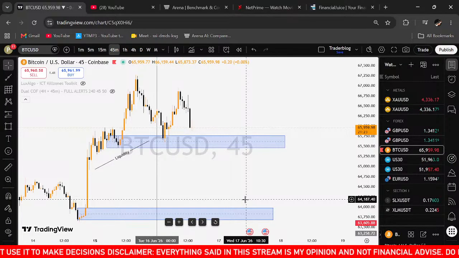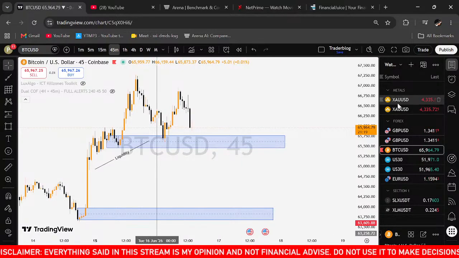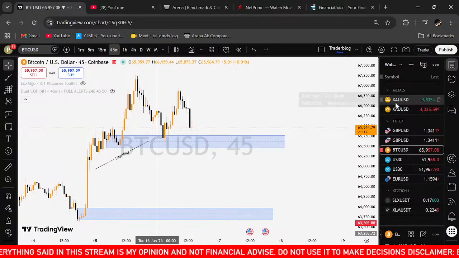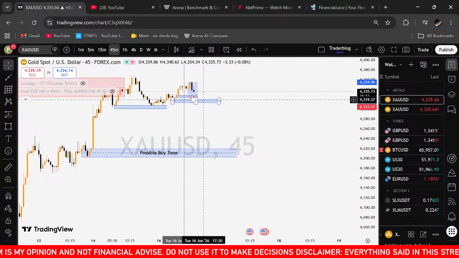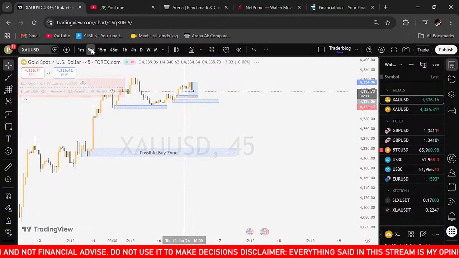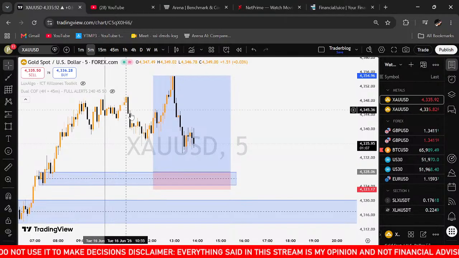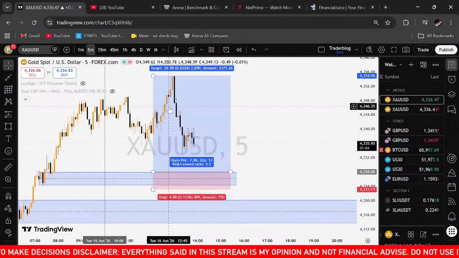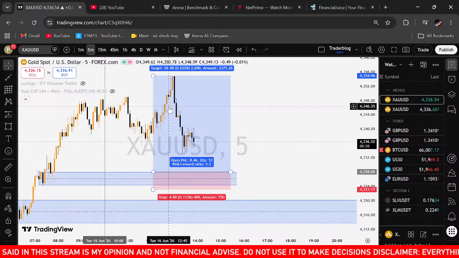These are the two zones currently. Anything else? Let's see what we'll have.